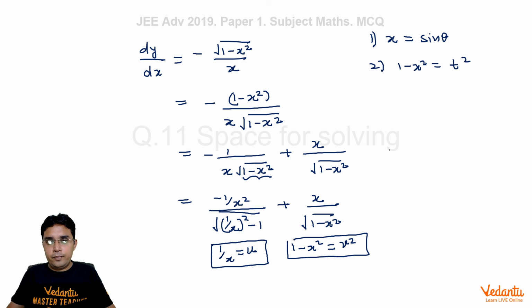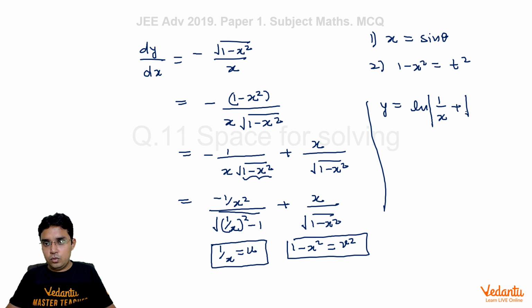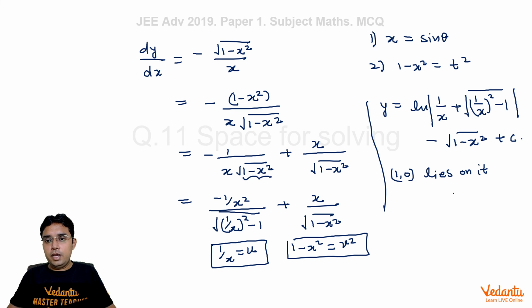So this will become, let me write it here, y equal to ln of mod of 1 upon x plus root over 1 upon x whole square minus 1, and here it will be minus of root over 1 minus x square plus c. Okay, now because (1, 0) lies on it, we can put these values and we find c to be equal to 0.